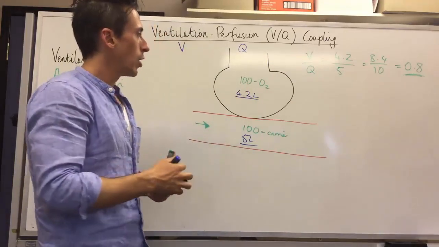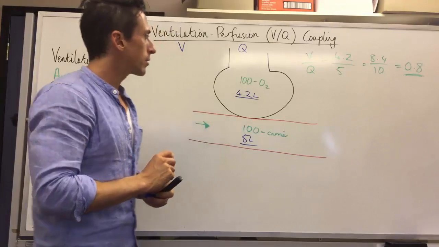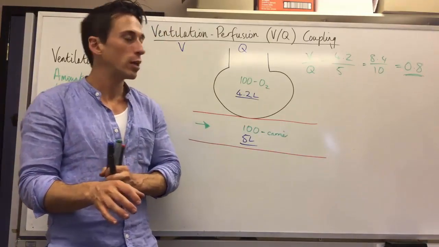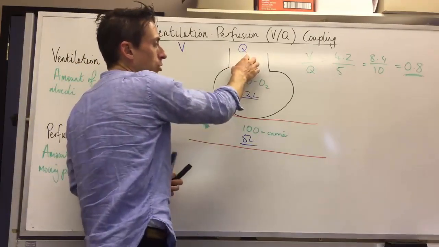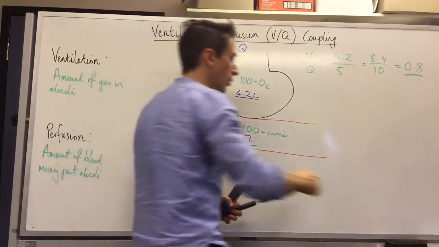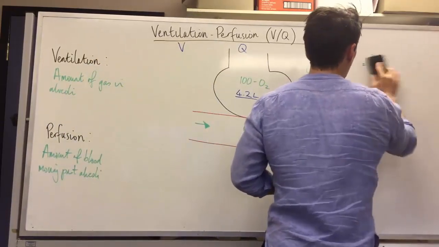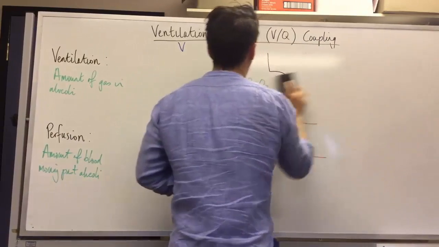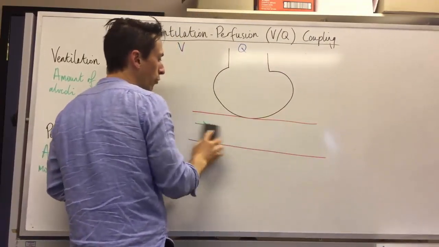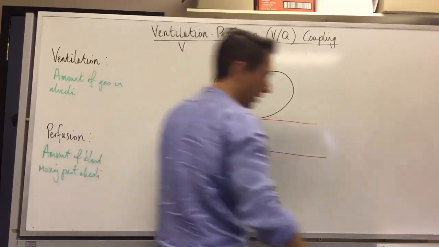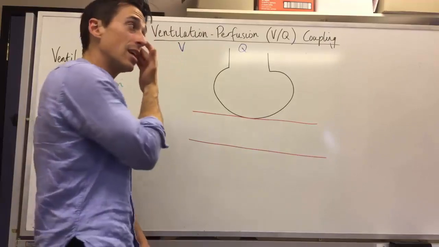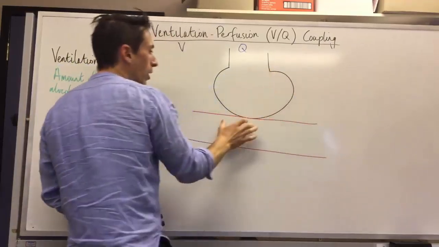So let's talk about what happens when things go wrong. Let's just say there's some anatomical or functional issue in which ventilation drops, or let's just say what happens if perfusion were to drop. So let's have a look. First thing you need to be aware of is the partial pressure of gases, not just in the atmosphere, but in your alveoli and in your blood.